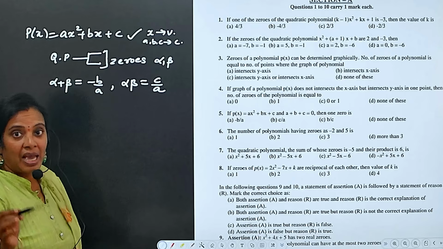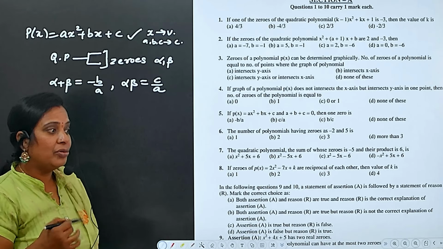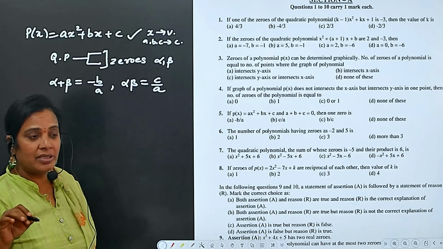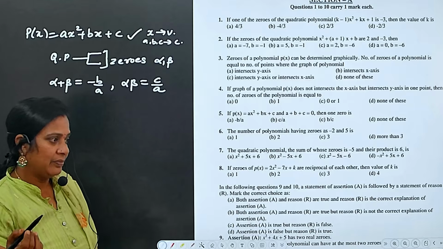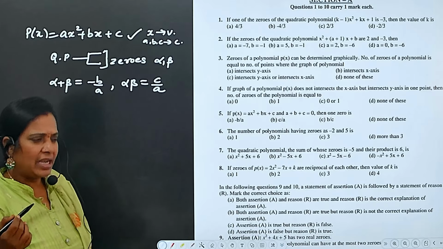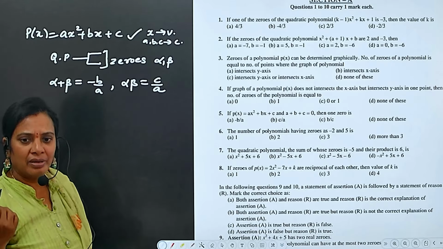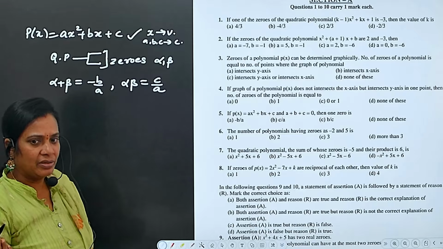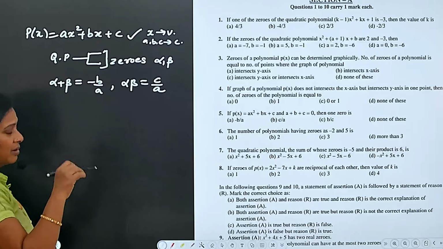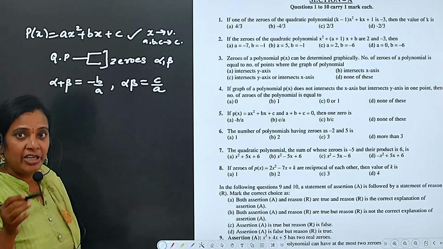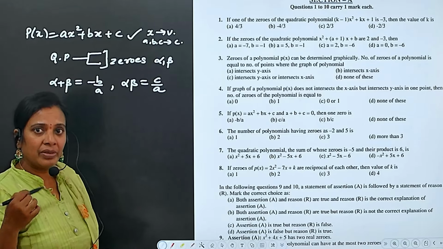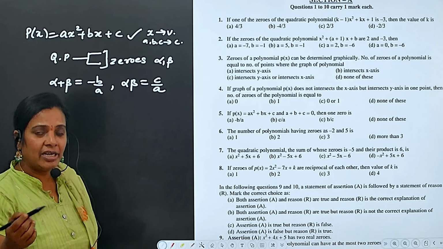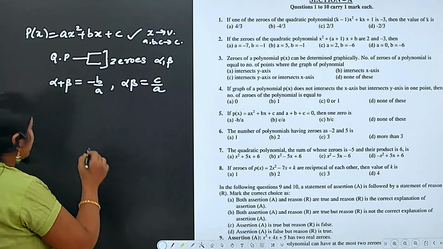If they have given the polynomial and to find out the zeros means split into factors or use the quadratic formula. That depends. Maximum cases we use the split into factors. Okay. From the linear factors, we equate to 0, we get the x value, that is the 0 of the polynomial.